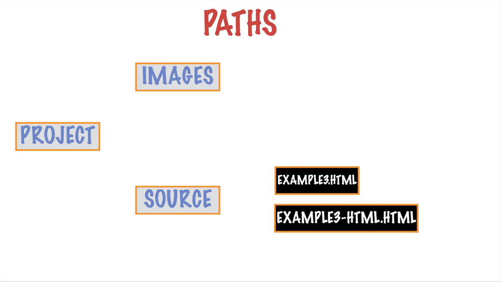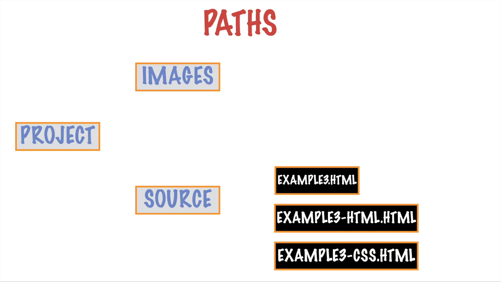In this example, we have three HTML files, example3.html, and then two more files which are the two destinations of the clickable links. Let's assume for a second that all of these HTML files reside in the source folder. This source folder resides in the project folder.